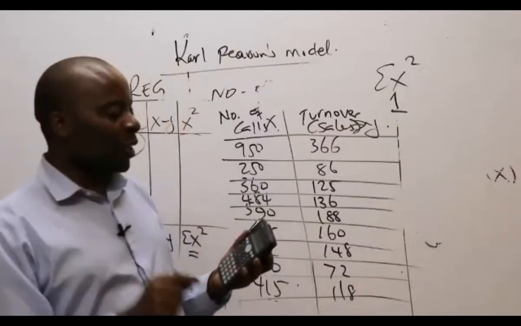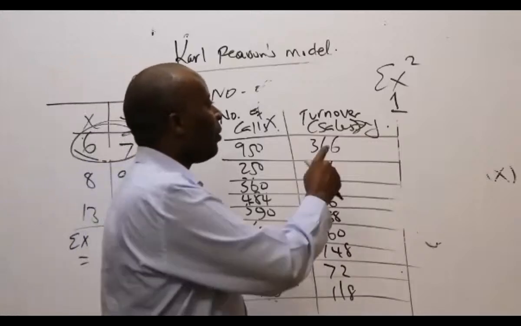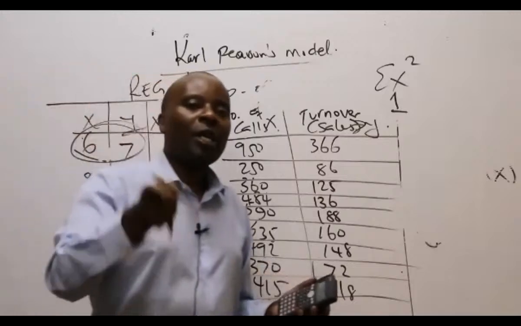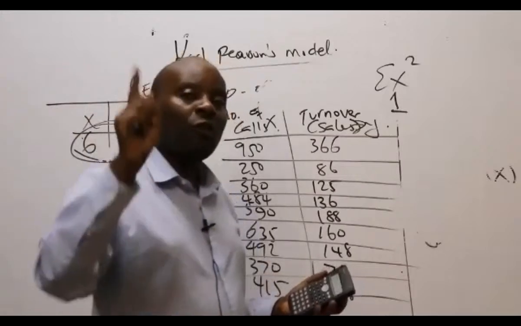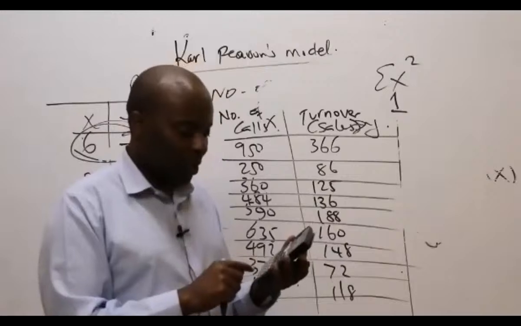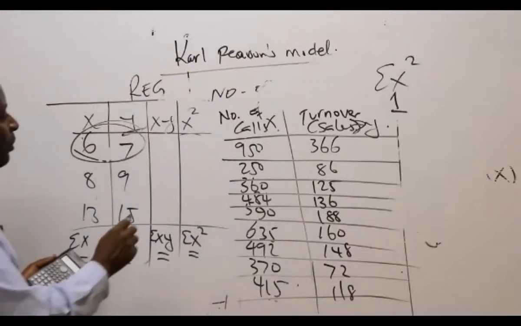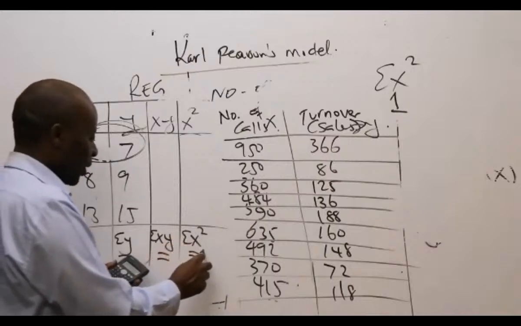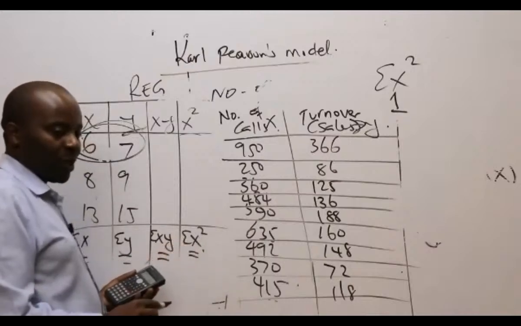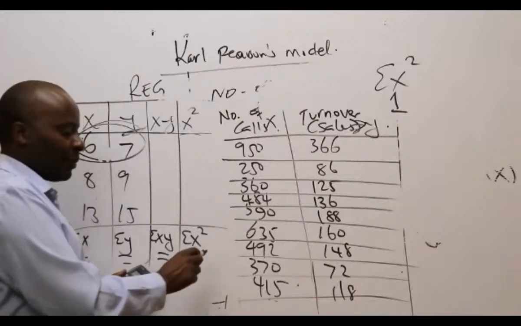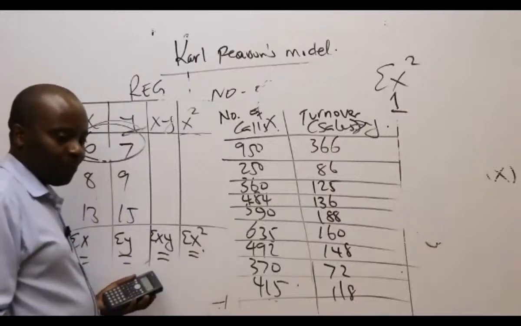When it is left on the screen, I have always seen students saying that sum of x squared is 3. No. When it is left on the screen alone, it means that now you are at a position of evaluating it, of saying equals. So you say equals. Who is able to see that summation of x squared is 200? Mine could be wrong. Please give me summation of x squared. What figure are you able to see?